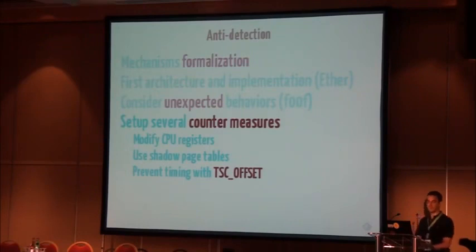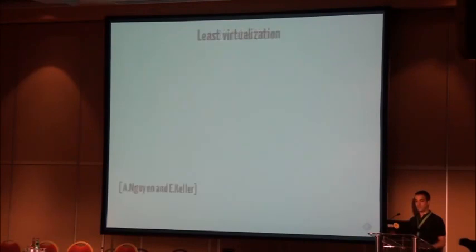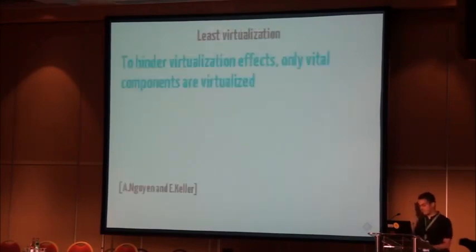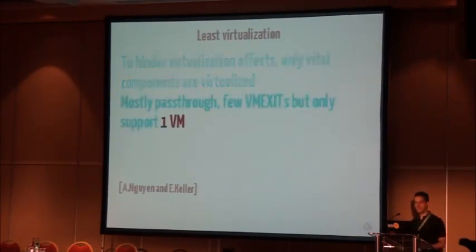Also, we have the least privilege principle, which you should know if you are doing security. We are trying to apply it to virtualization, and to hinder virtualization effects, only vital components are virtualized. Otherwise, if they are not needed to be virtualized, they are passed through. Think about your graphic card. If you are going to use accelerated graphics, you can give pass-through to your graphic card.